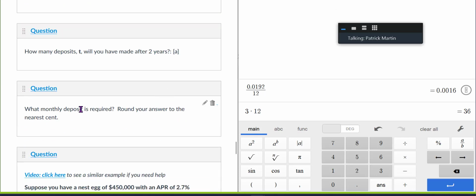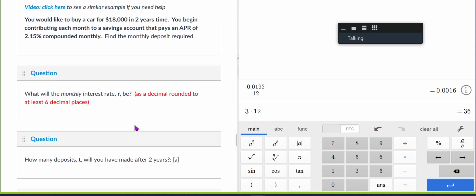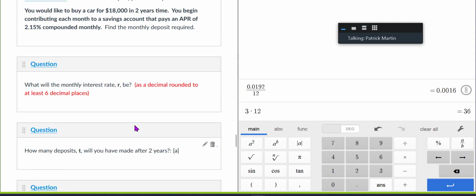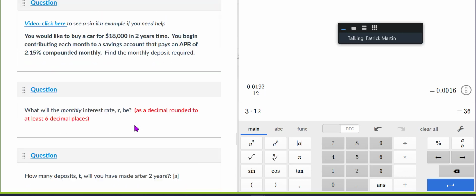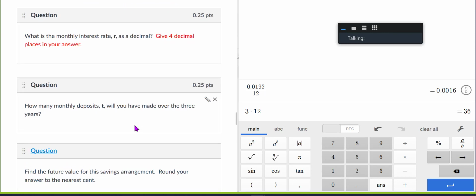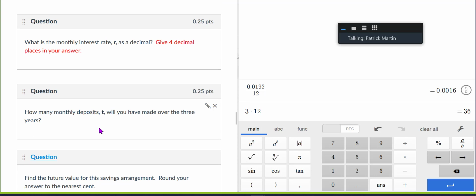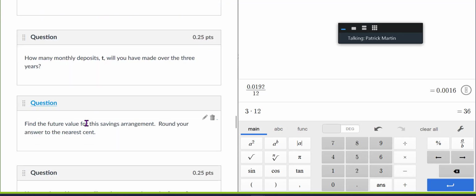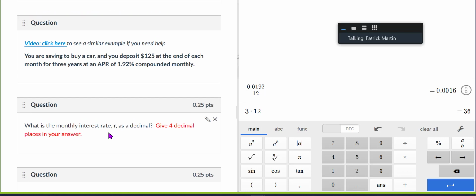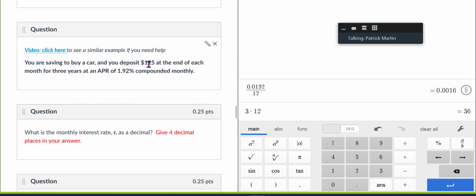Next up, what monthly deposit is required, where am I at? Wrong question. Sorry. Next question is, find the future value for this savings arrangement. Round your answer to the nearest cent. So this is the amount we're putting into the account.